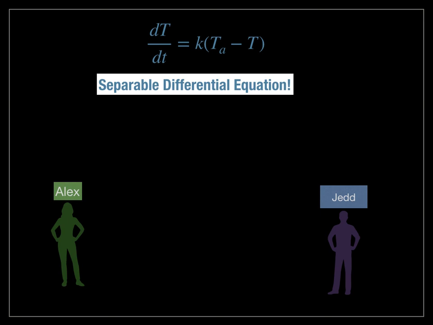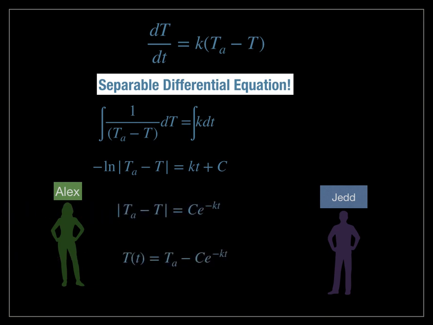Applying this method to this function, Alex moved the term T sub A minus T to the left side and dt to the right side. Then she integrates each of the sides, finding the antiderivative of each of the functions, and then she isolates big T to one side and everything else to the other side in order to solve for the function big T.